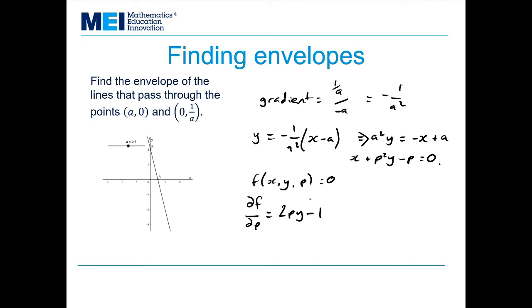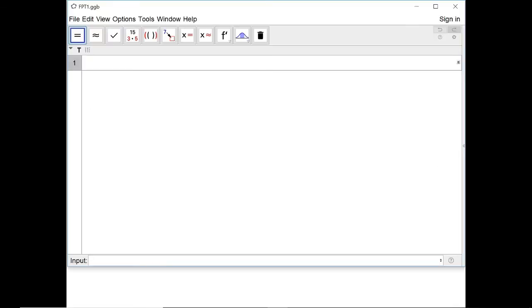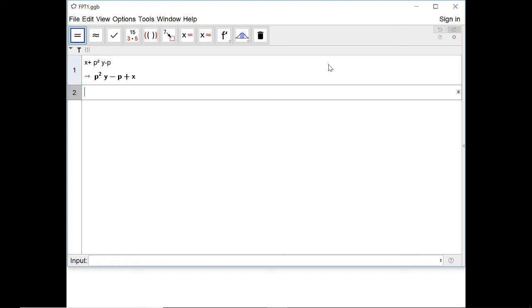Okay, so in order to solve this, I need to find where 2py minus 1 equals 0 and where x plus p squared y minus p equals 0. Let's use the computer algebra system for this. So I start by putting in x plus p squared times y minus p, and that's my expression.